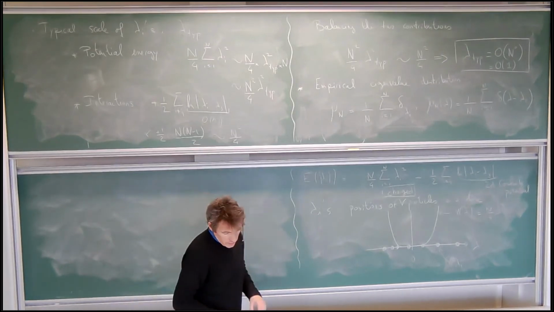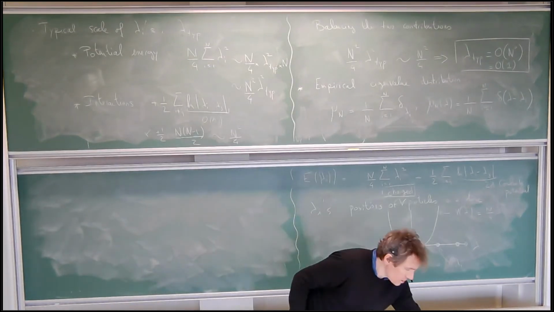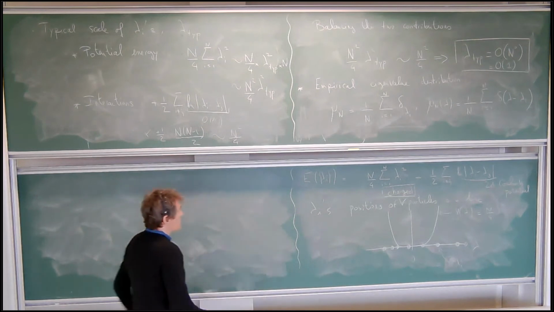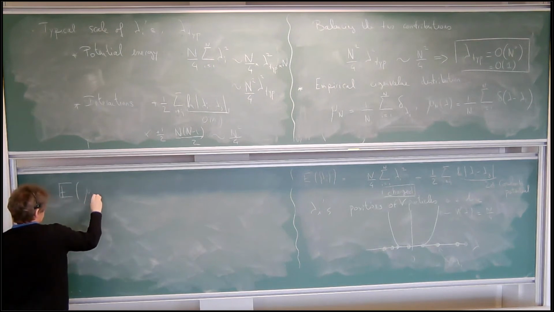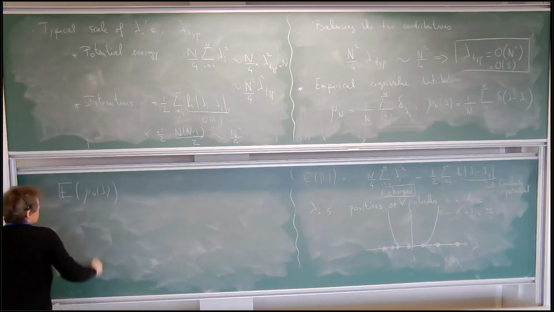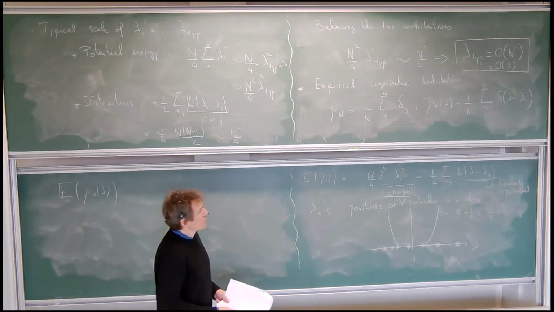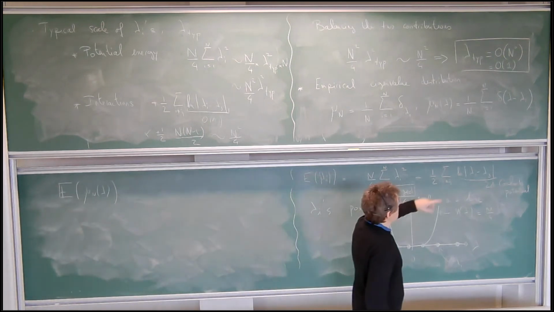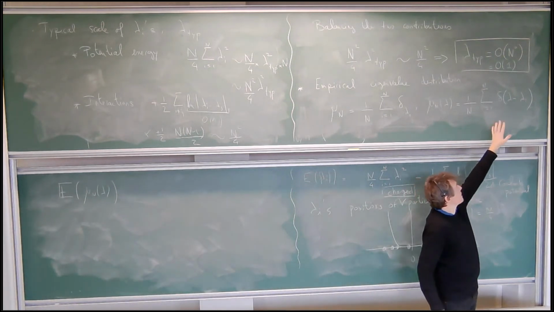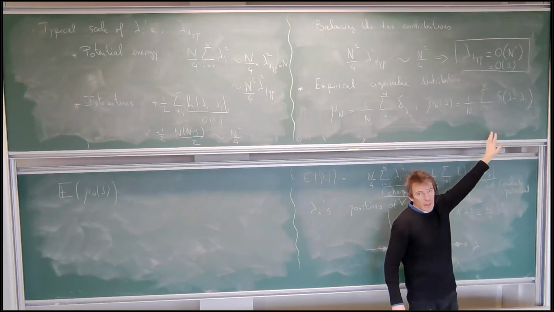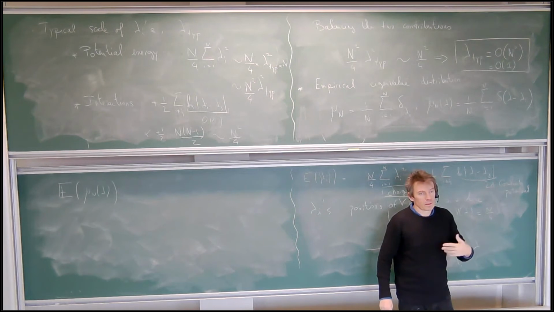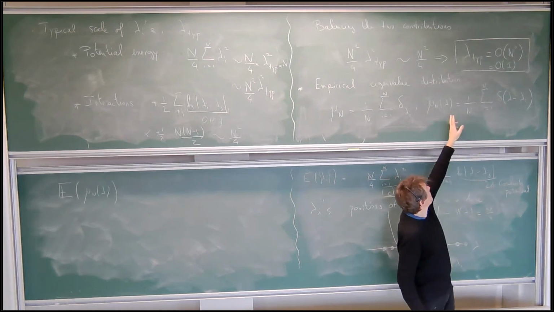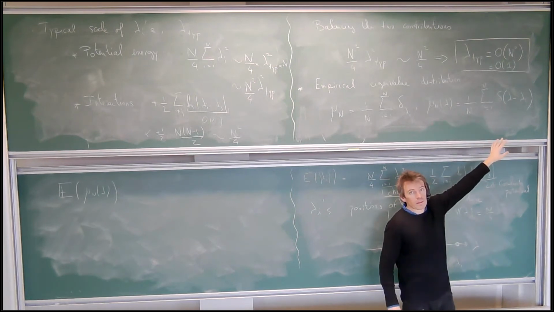So the first thing that you would like to compute is the average value of this quantity, the expectation value of mu n of lambda. For a given realization of the lambda i's, this is just a sum of delta functions, so it's a very irregular function.